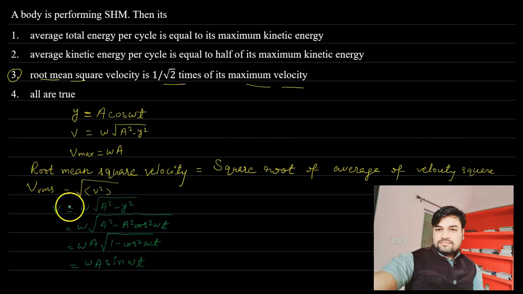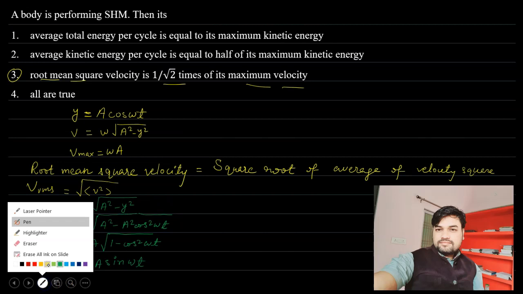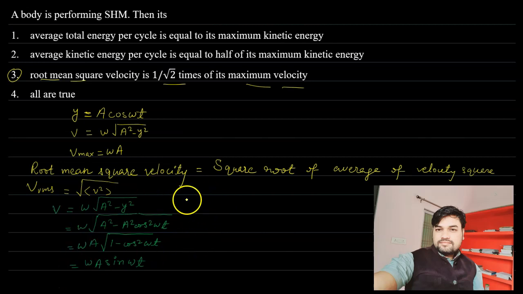Now we take the average of the square of velocity. V square will become omega square a square sin square omega t.